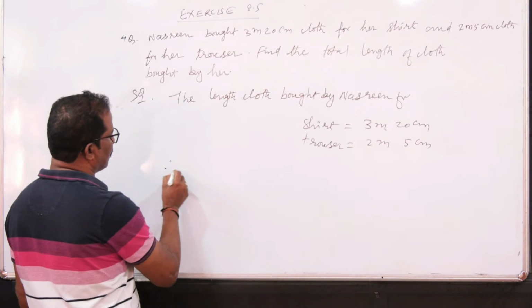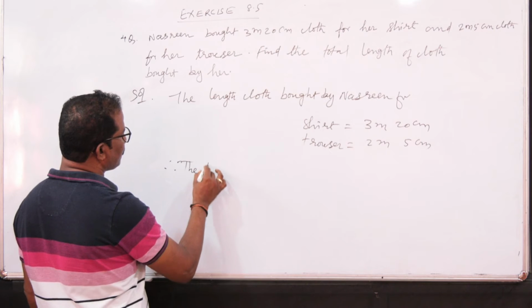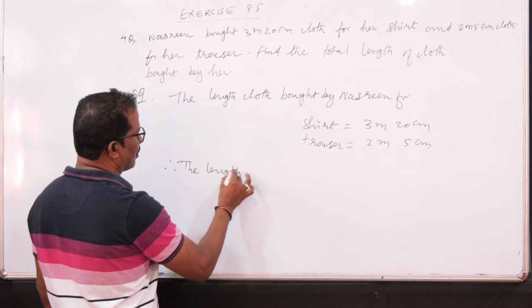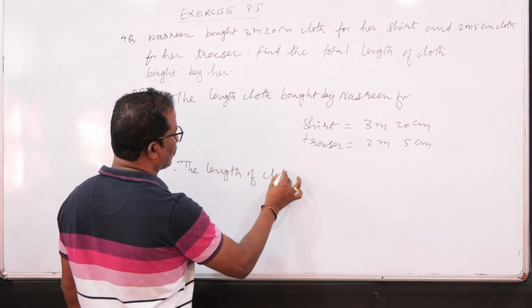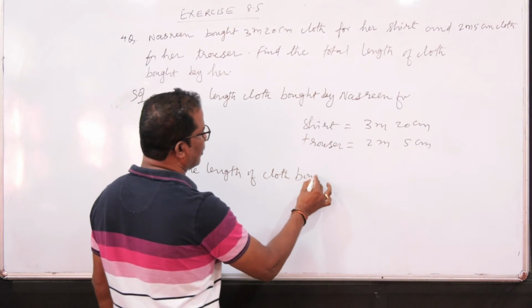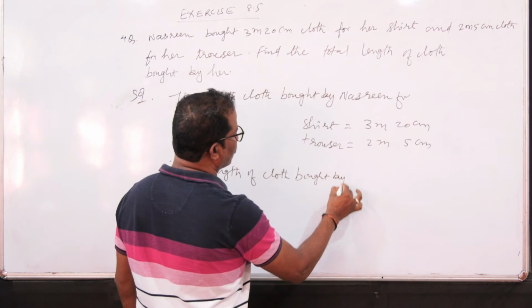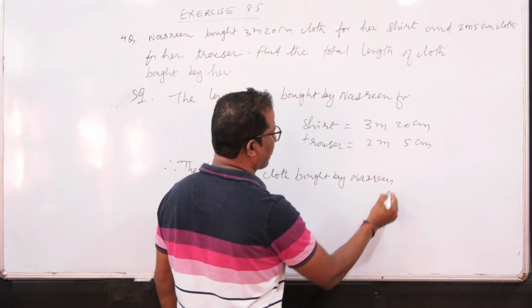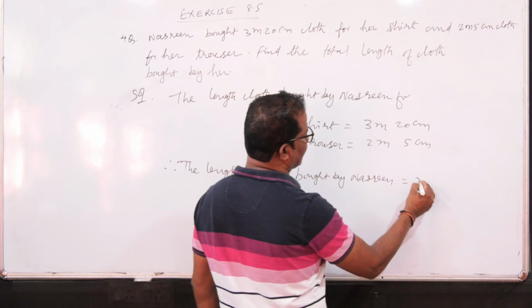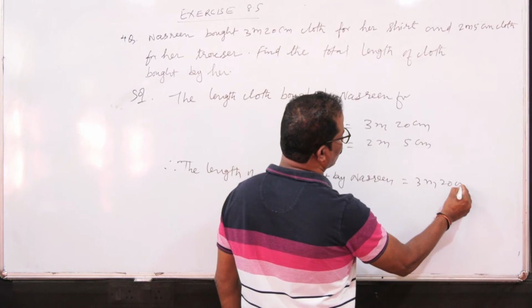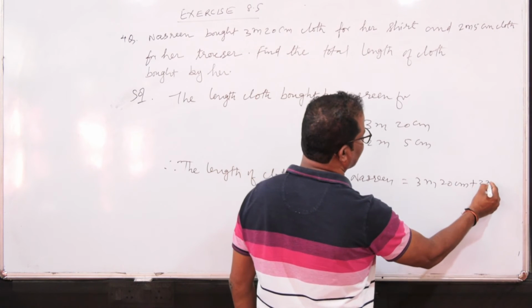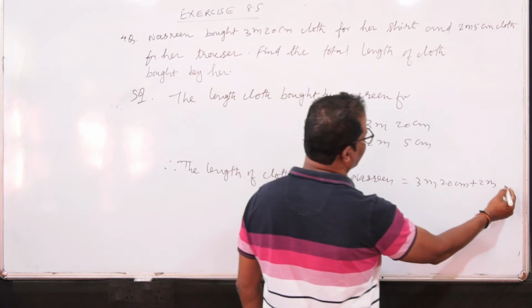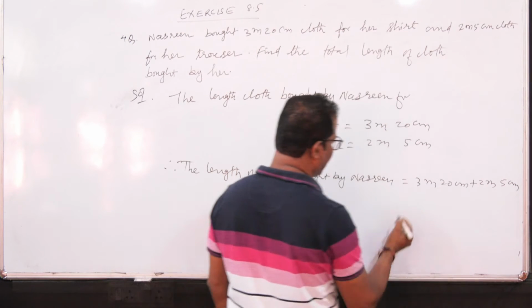Understand? So the total length of cloth bought by Nasreen is equal to 3 meter 20 centimeter plus, then for trouser 2 meter and 5 centimeter. Okay?